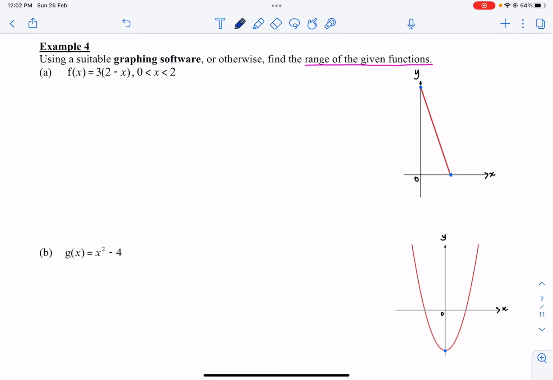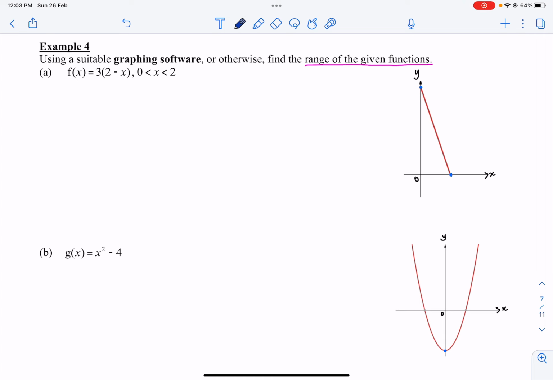So in part A, as you can see, is actually a linear function, and the domain is given as x is between 0 and 2, excluding 0 and 2 itself.